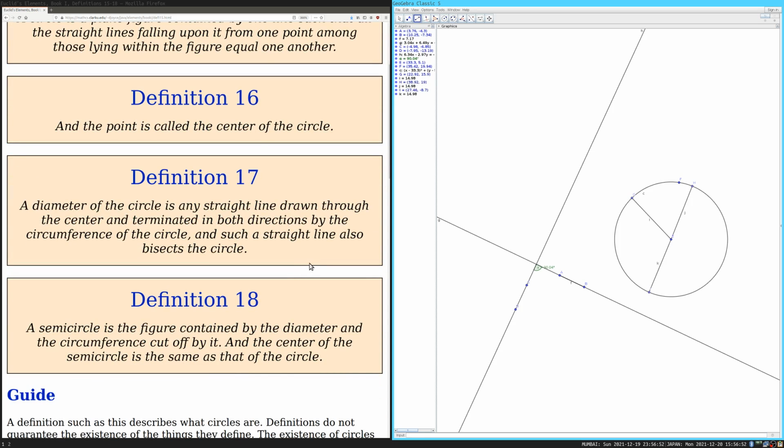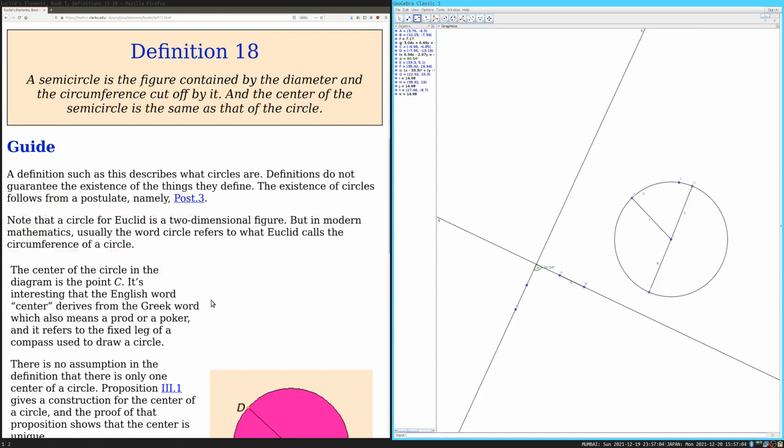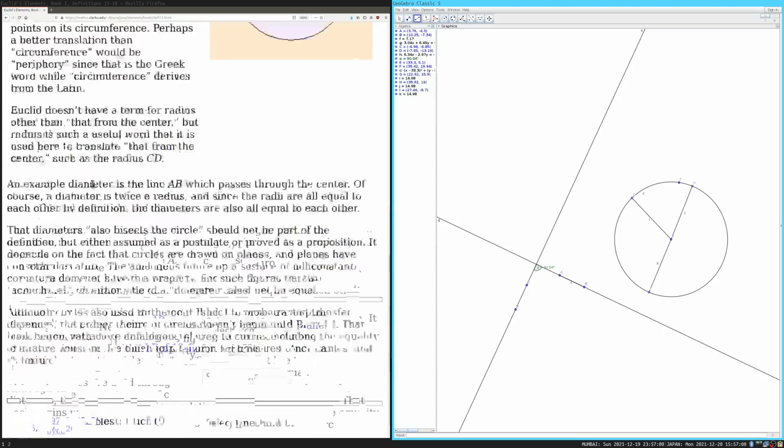Terminated in both directions, and such a straight line also bisects the circle. A semicircle is half of a circle, and the center of the semicircle is the same as that of the circle. Okay, this makes more sense.